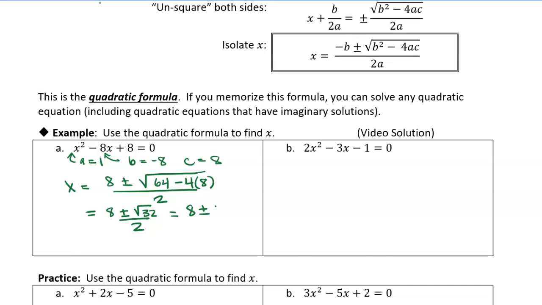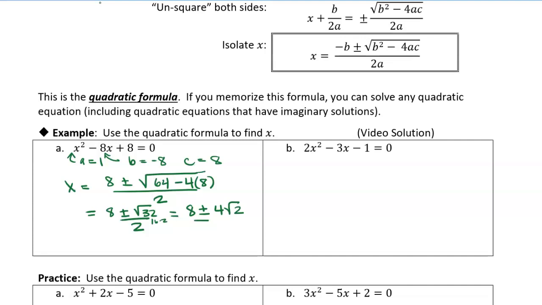I can write this as 4 times the square root of 2. This 4 is the square root of 16, and if I combine the square root of 16 with the square root of 2, I get 32. So basically this is 16 times 2, and I'm pulling the 16 out of the square root by taking the square root of it.